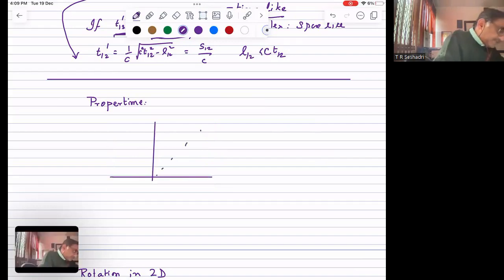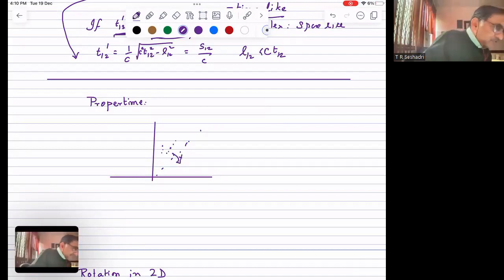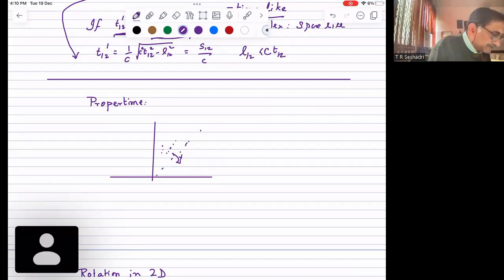If it happens inside the light cone in one frame, whatever frame I go to, it will remain within this light cone. It will not jump outside. So a time-like vector cannot be made space-like, and a space-like vector cannot be made time-like.